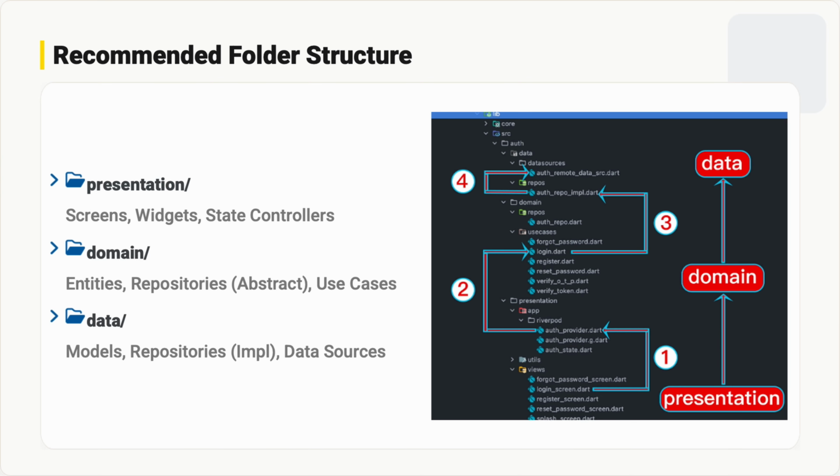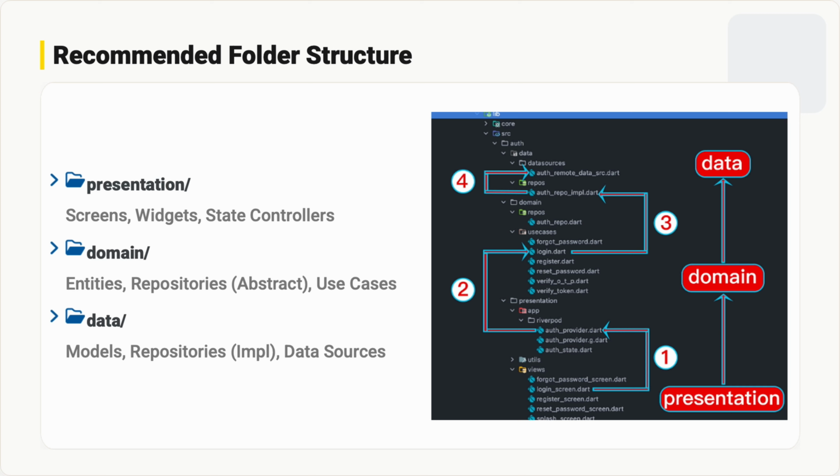The recommended folder structure. A practical folder structure makes it easier to maintain large projects. So in clean architecture, we separate our code into three different folders: presentation, domain, and data. The presentation contains widgets, screens, and controllers. Domain contains entities and use cases. Data contains repositories and API services.